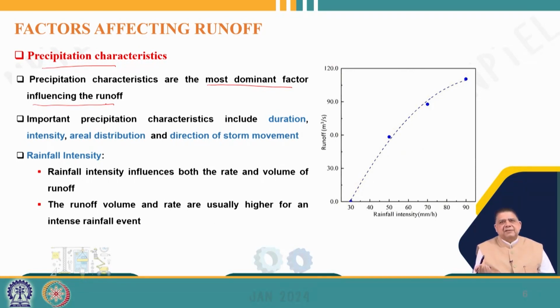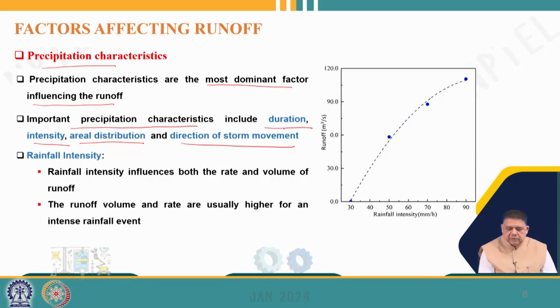The precipitation is the most important thing, a dominant factor, because only if the precipitation amount is significant and greater than the infiltration capacity of the soil will infiltration excess overland flow take place, or only if precipitation occurs will saturation excess overland flow take place. Important precipitation characteristics include duration, intensity, areal distribution, and direction of storm movement.